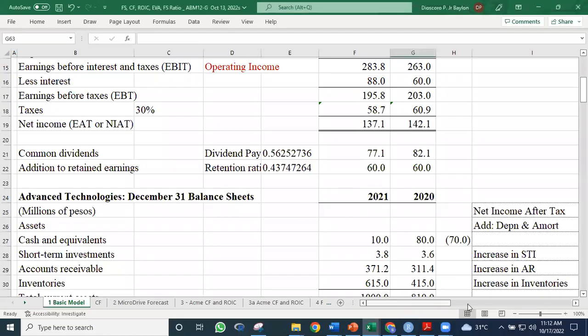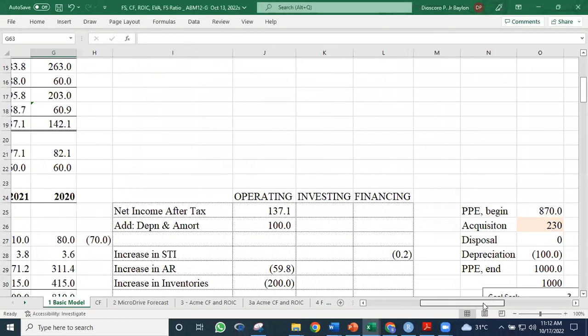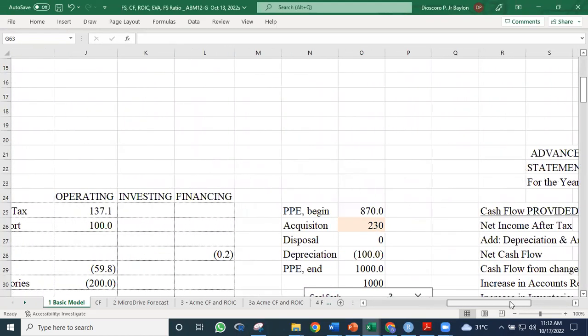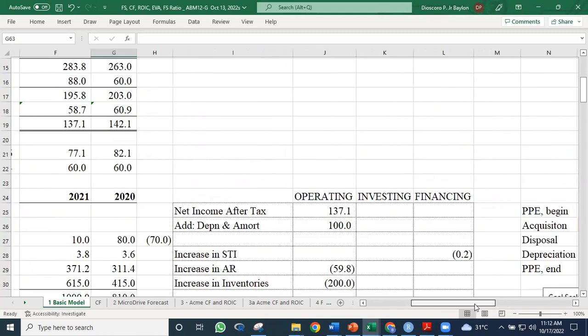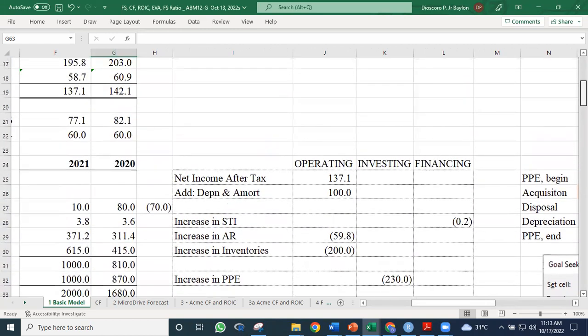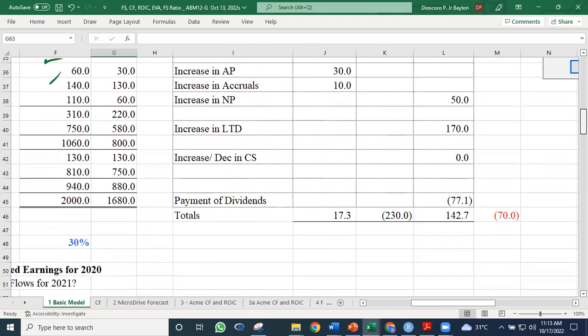Good morning once again. Last time, what we did was to learn how to construct the statement of cash flows. We prepared a template for that, where we classified the changes in the accounts into operating, investing, and financing.